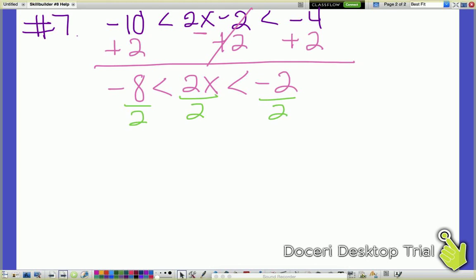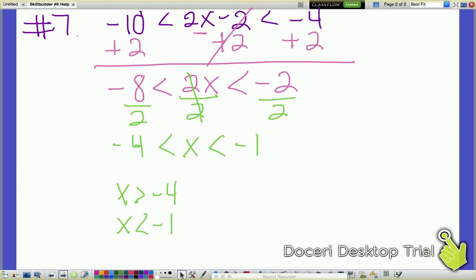Now, I know you might think about the signs. We don't have to change any signs because we're not dividing by a negative. So what I'm left with is negative 4 is less than x is less than negative 1. Okay, what does that actually mean? It means that x is greater than negative 4 and x is less than negative 1.